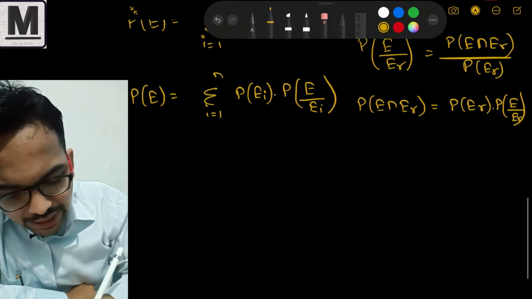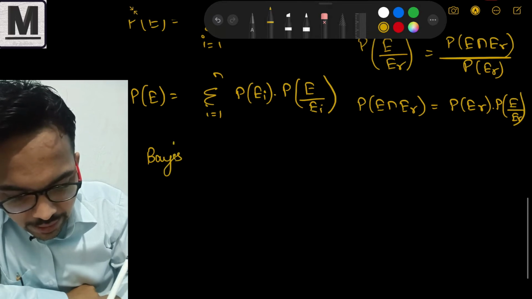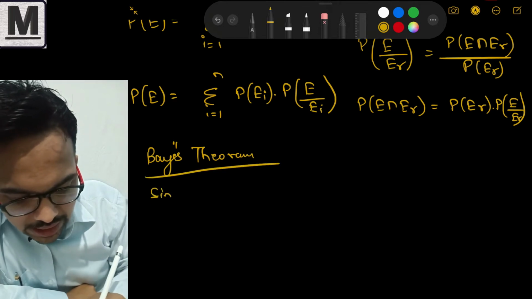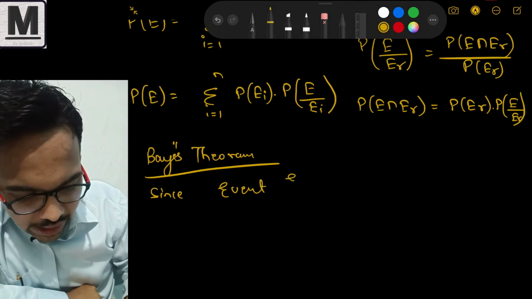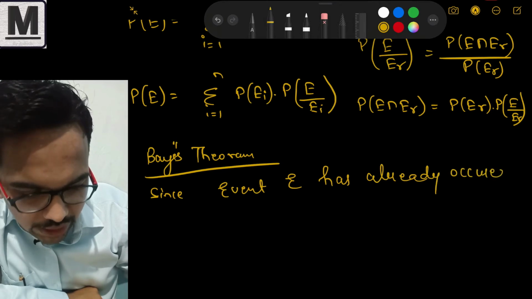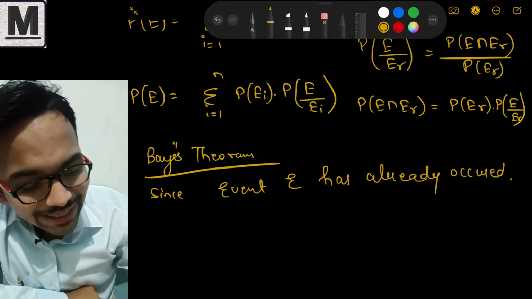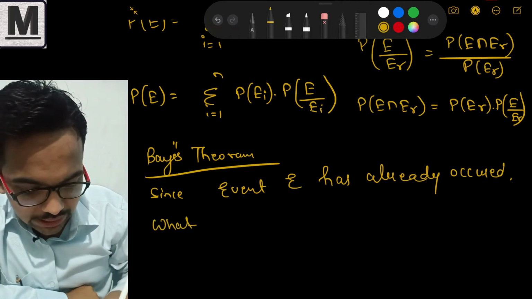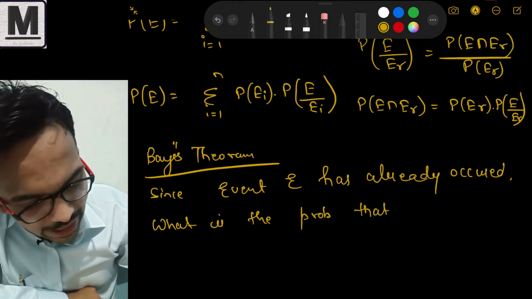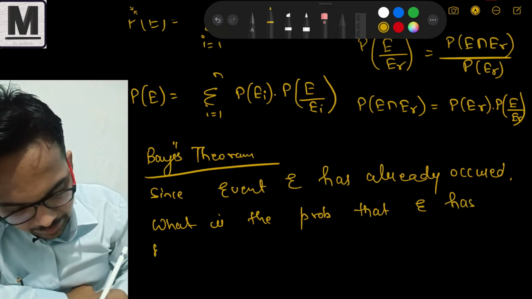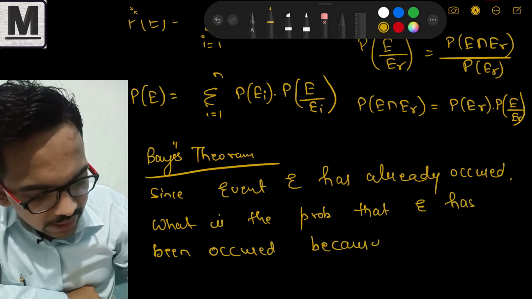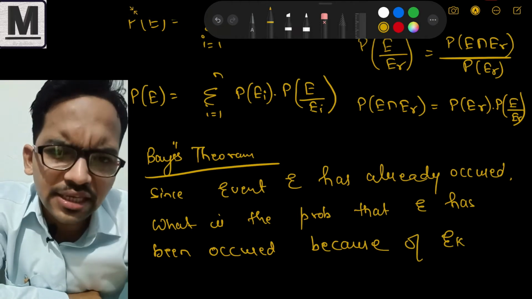So Bayes theorem says that since event E has already occurred, what is the probability that E has occurred because of Ek? Ek may be any event.